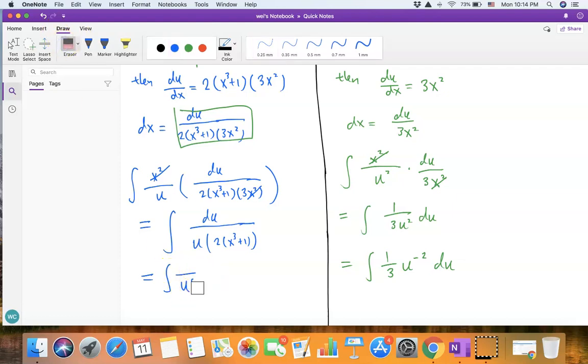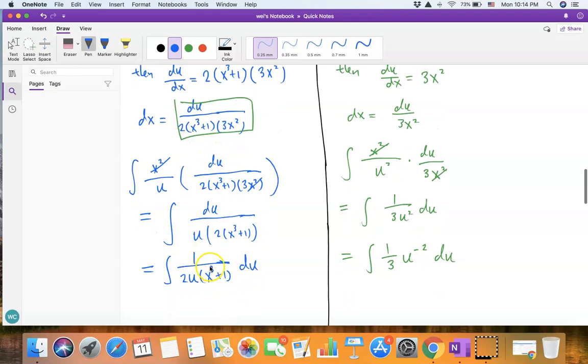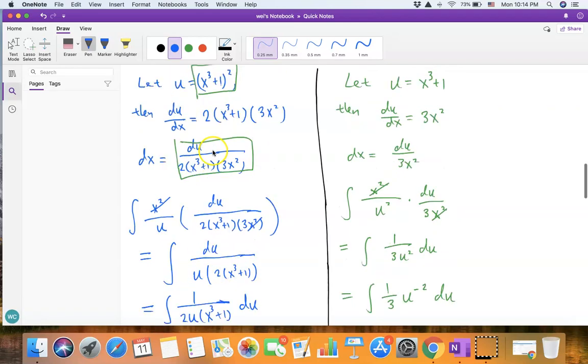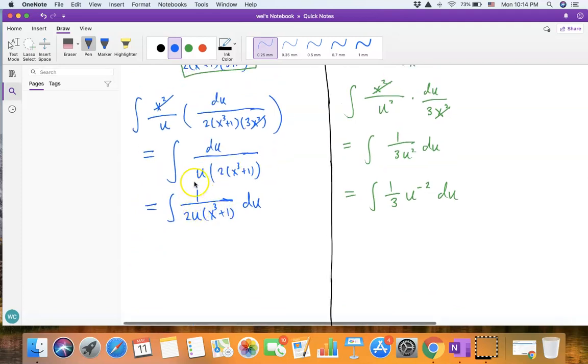Or I can write it as 1 over 2 times u times x to the third plus 1 du. Now you see, by doing this, the first person didn't make this integral easier. At this point, the integral involves the variable u and the variable x.